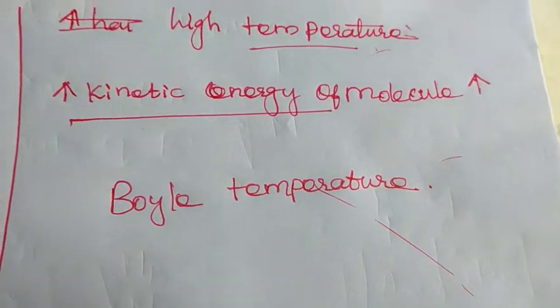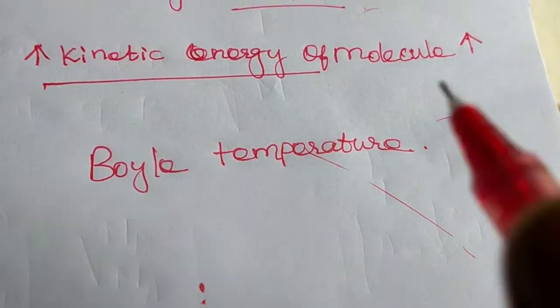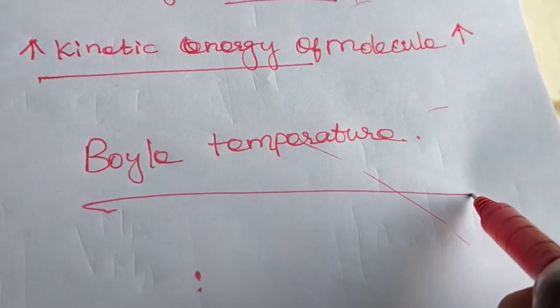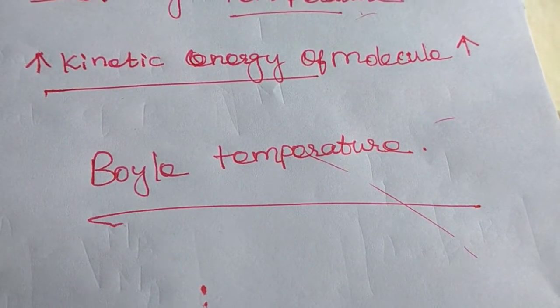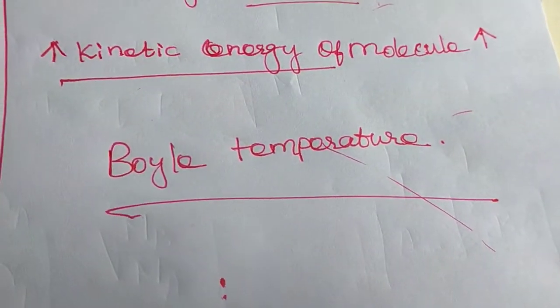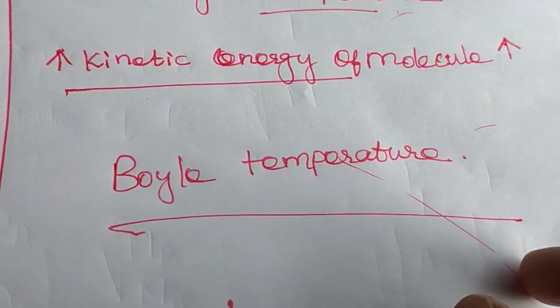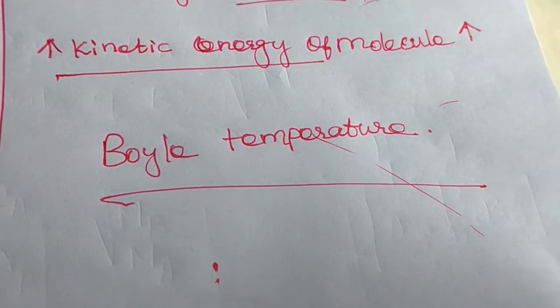So when real gases behave as ideal gas, that point is known as the Boyle temperature or Boyle's point. That means under a certain temperature and pressure, some real gases behave as ideal gas. So that temperature and pressure is Boyle's temperature or Boyle's point.